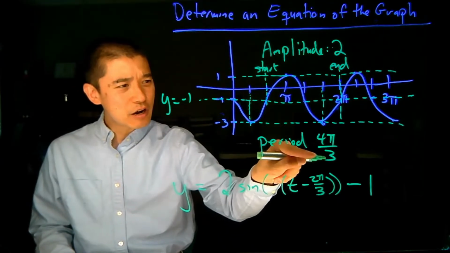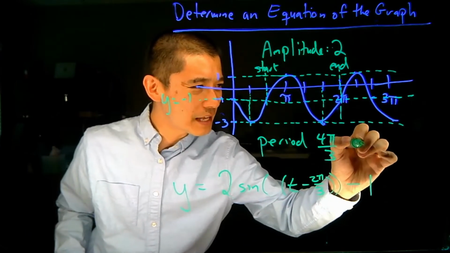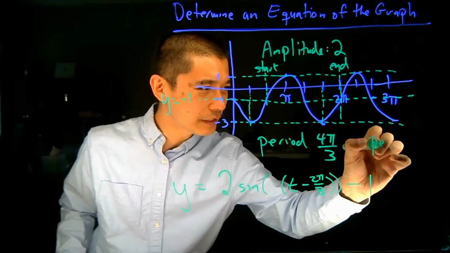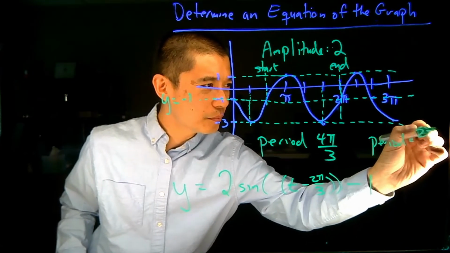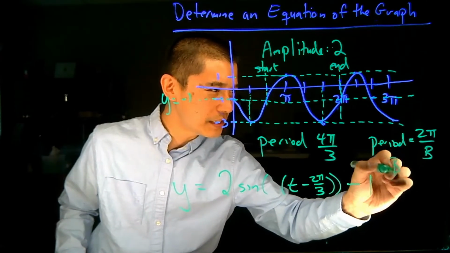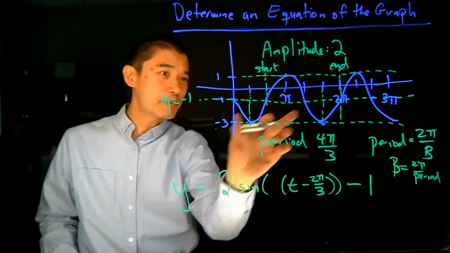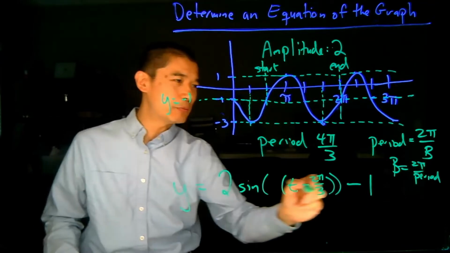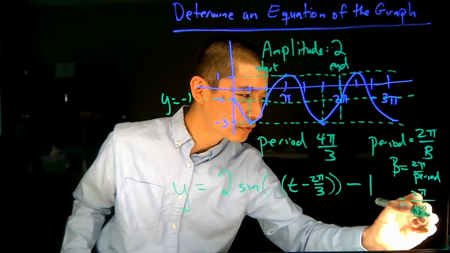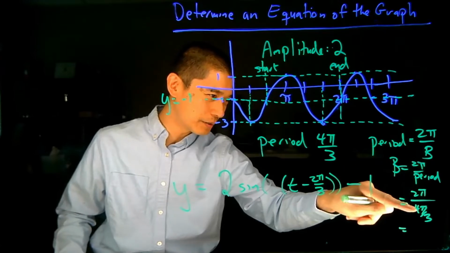And then we have to figure out what is the multiplicative factor b here. The relationship that we have is that the period is 2 pi over b. And so if we solve for b, b is equal to 2 pi over the period. And since we identified the period here to be 4 pi over 3, we can just plug that in. 2 pi over 4 pi over 3, multiplied by the reciprocal, so that becomes 3 over 4 pi.